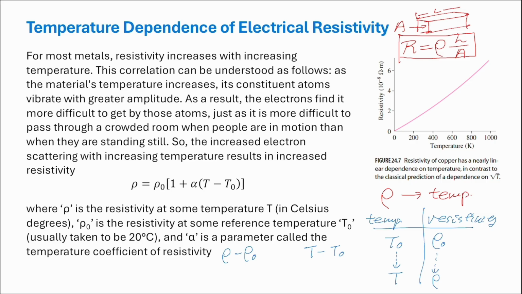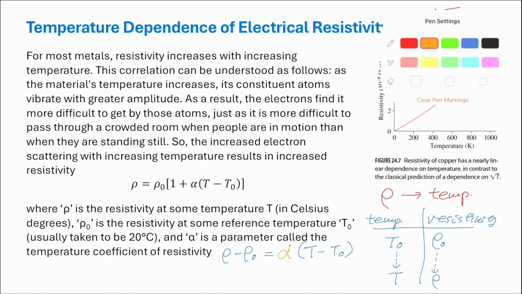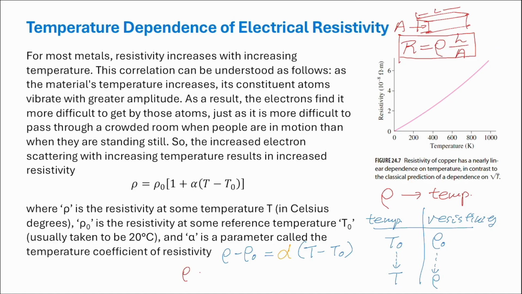Again, we can set up an equation and include a proportional constant. This time, we call this constant alpha. So let's do some mathematics. Rho equals rho naught plus alpha times T minus T naught.